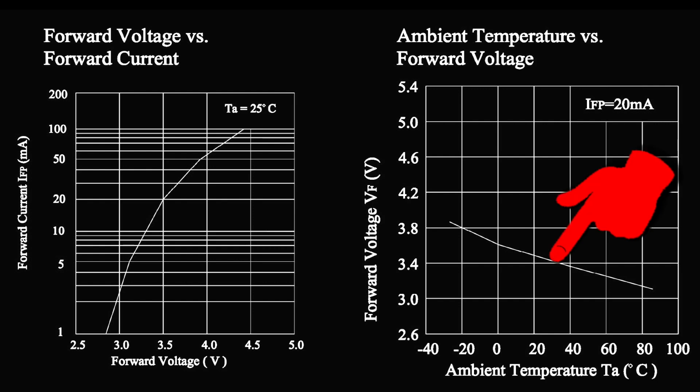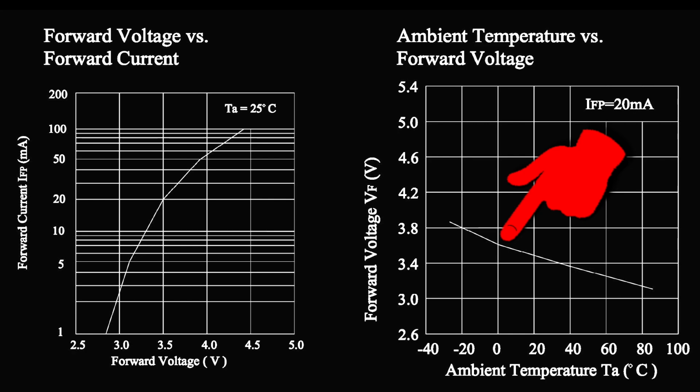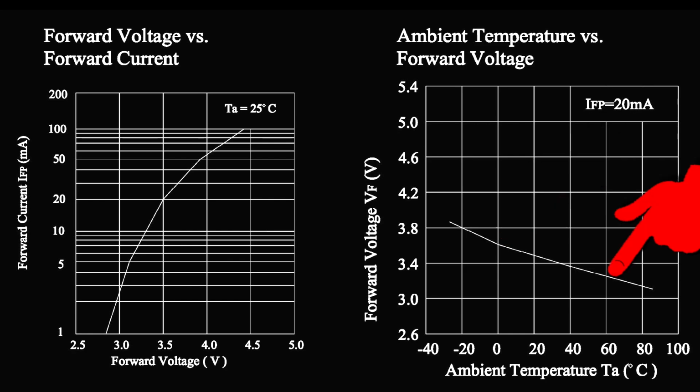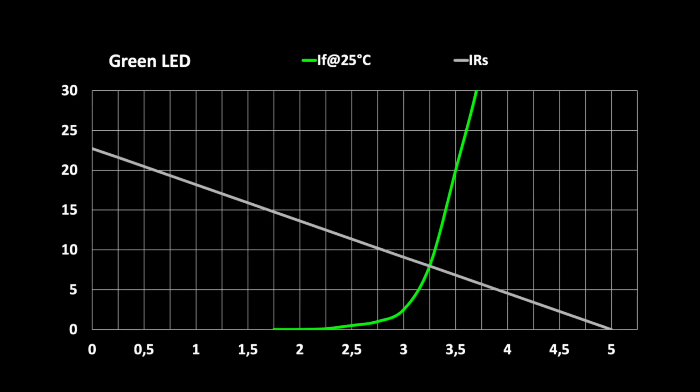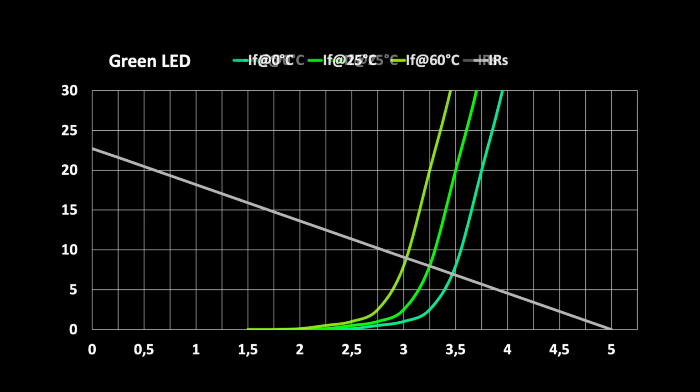This is the LED's forward voltage over temperature at 20 milliamps. Assuming its principal shape remains the same, we can estimate characteristics for other temperature ranges. The green line is the characteristic at 25 degrees, the green-blue line is for 0 degrees, and the green-yellow line applies to 60 degrees Celsius.